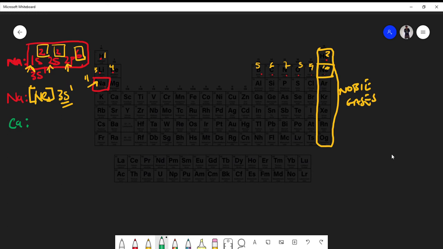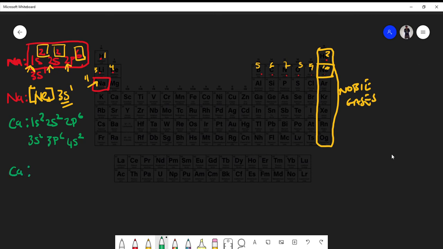So for calcium, this would be 1s2, 2s2, 2p6, because we're in the second row, going all the way to neon. Now I'm in the third row where it has sodium and magnesium, so this is 3s2, and I have to go 3p6 to go all the way to argon before I eventually hit calcium, which would be 4s2. So this is the long-handed formula for calcium.